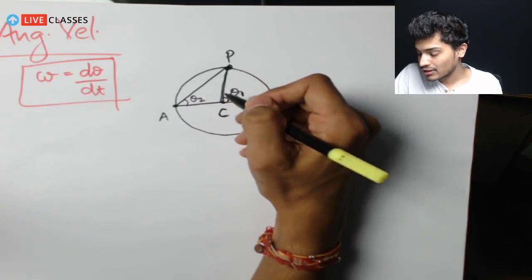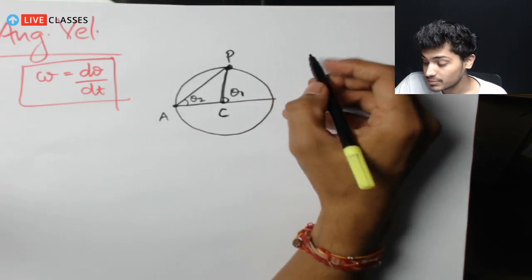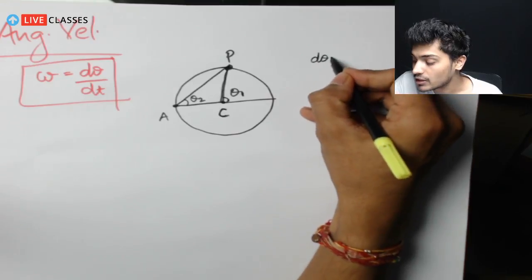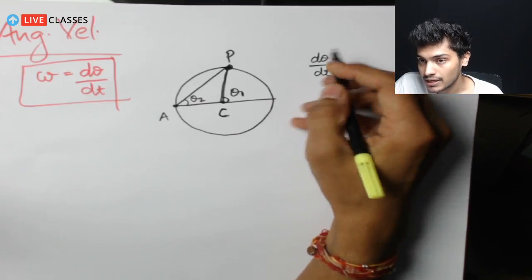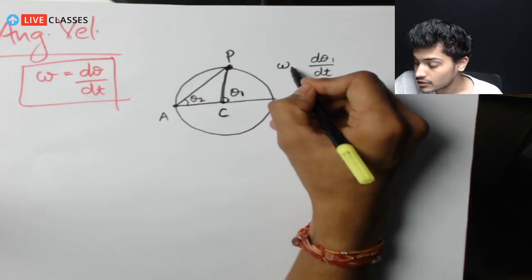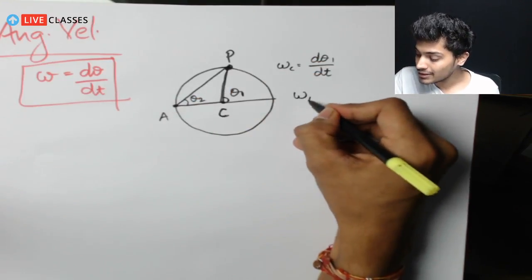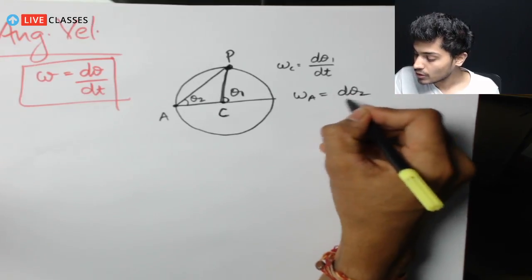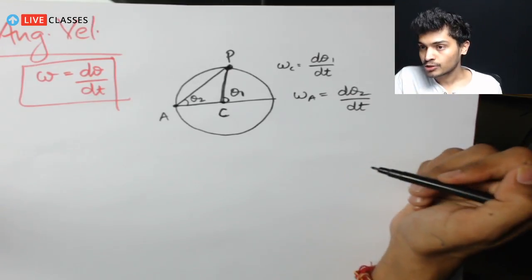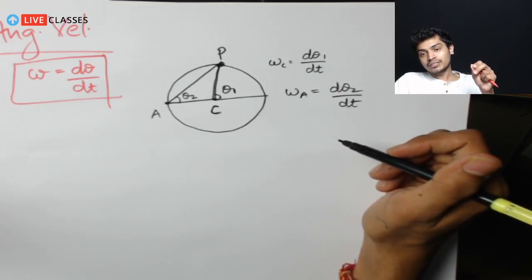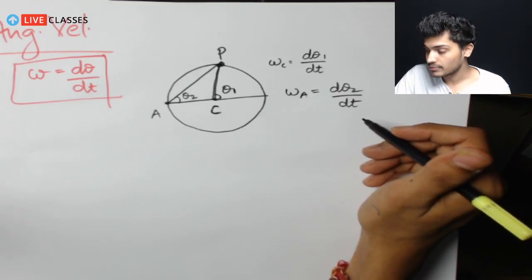So what will be the angular velocity of point P with respect to C? It will be d theta 1 by dt with respect to C. And with respect to A, it will be d theta 2 upon dt. So here we can see that angular velocity varies from point to point and doesn't remain constant.